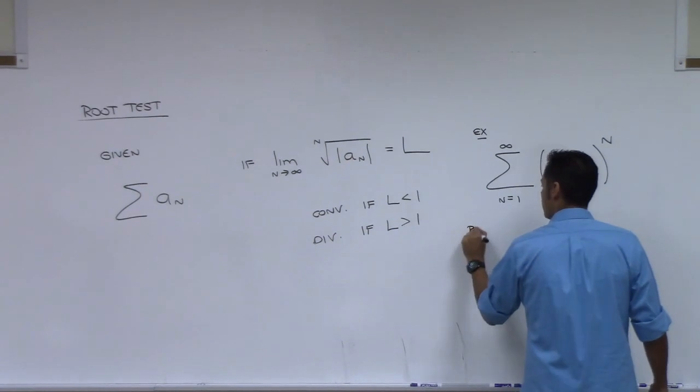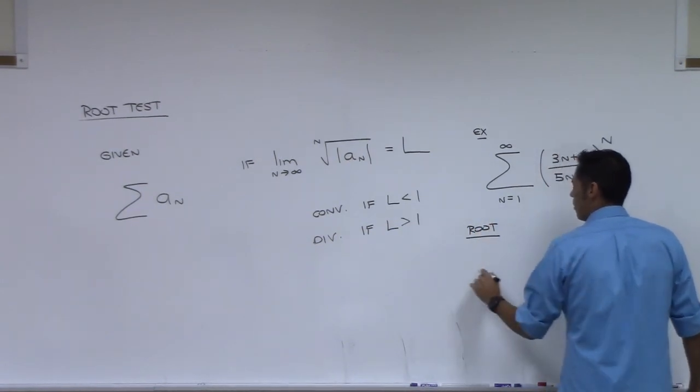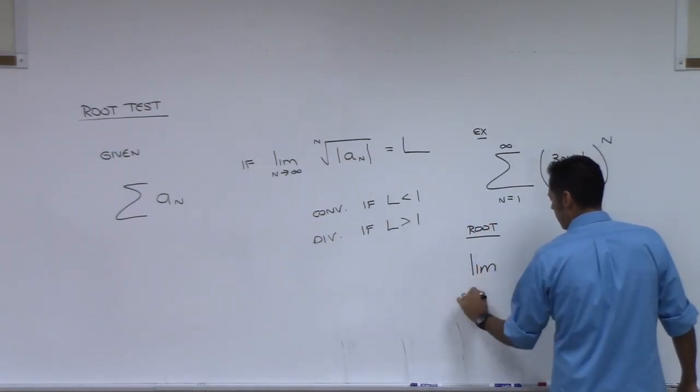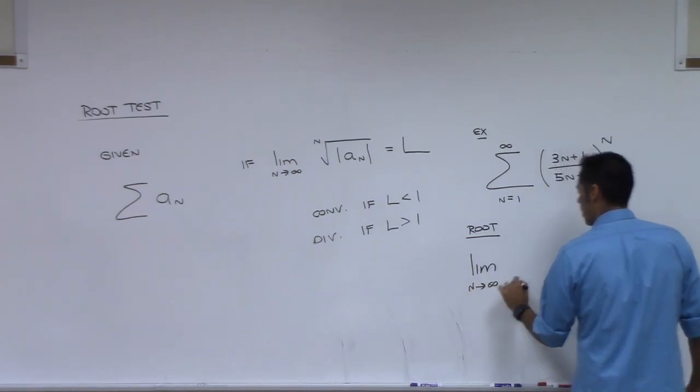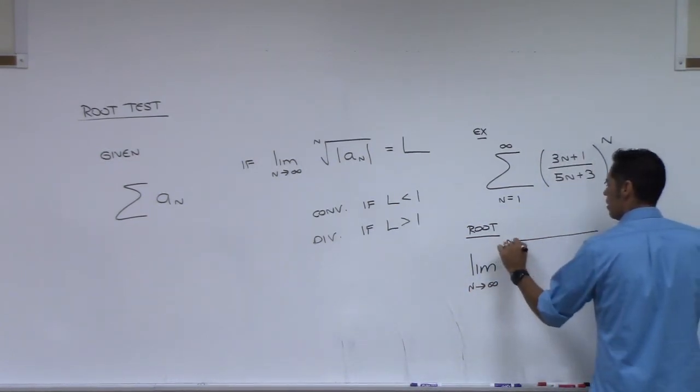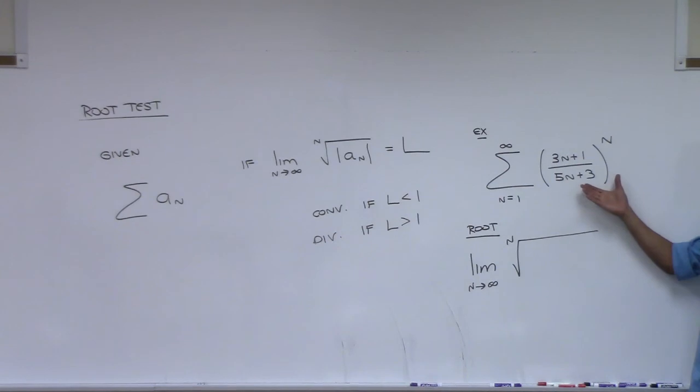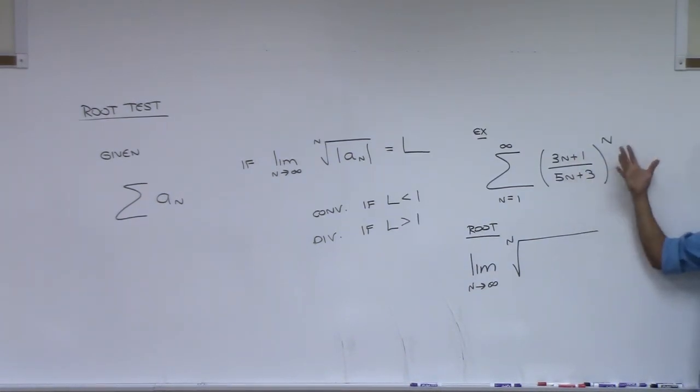For the root test, I'm going to take the limit as n goes to infinity of the nth root of the absolute value of that. I don't need to consider the absolute value because I know the inside is positive, and positive raised to a positive power is positive.